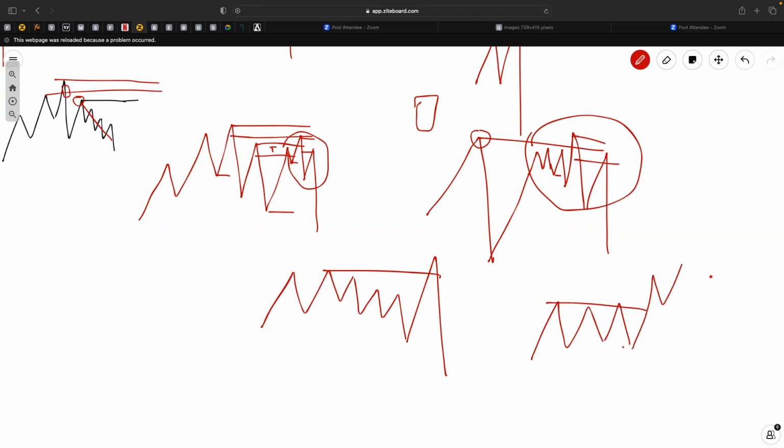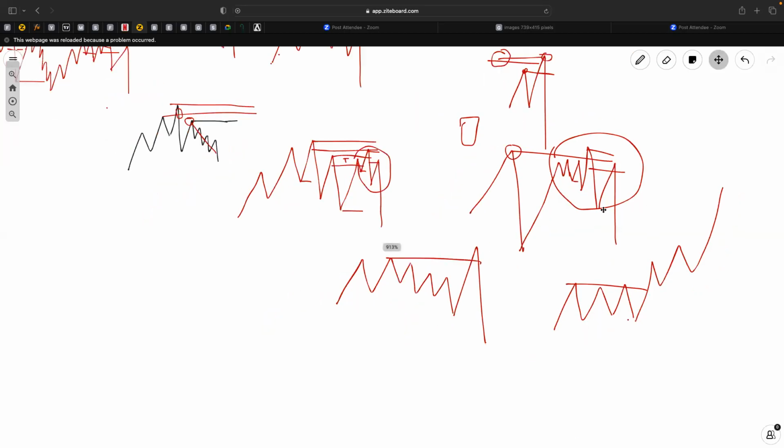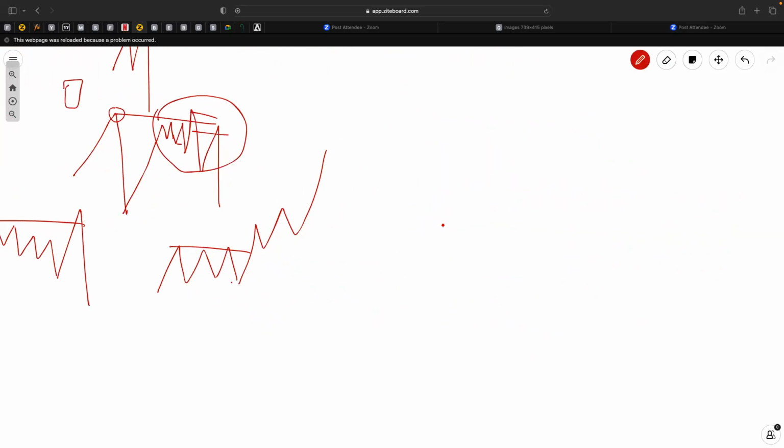Clear it, and it can keep going. That is why we say we target liquidity points as a trader. Let's say market has done something like this, and on this low you have several equal lows right here.